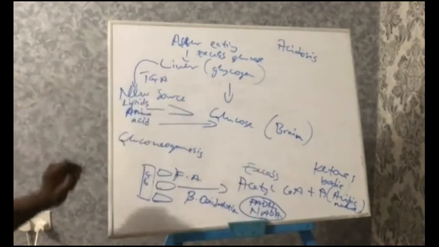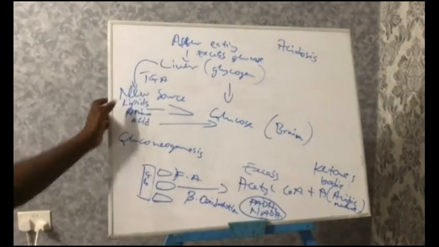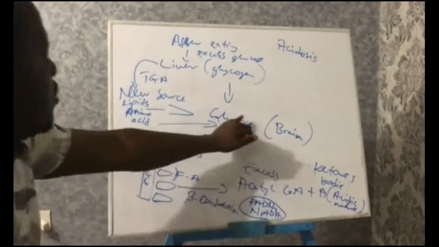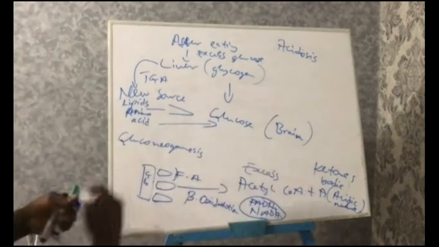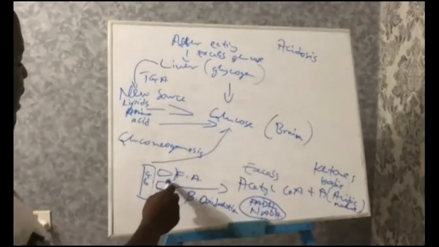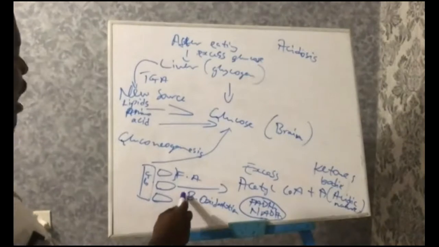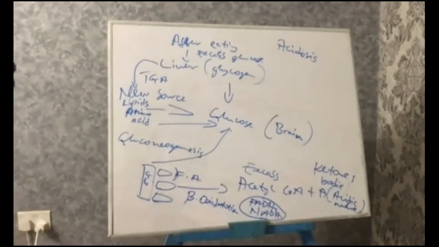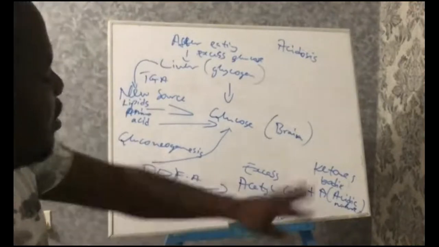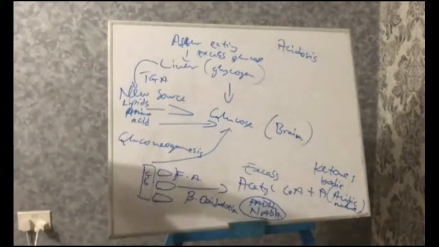So we took only lipid. And we said that the lipid will start breaking down. The glycerol part will be used to produce new glucose. And then once the glycerol is used to produce glucose, the free fatty acids will undergo a process called beta oxidation. Then it will produce excess acetyl-CoA, FADH2, NADH.